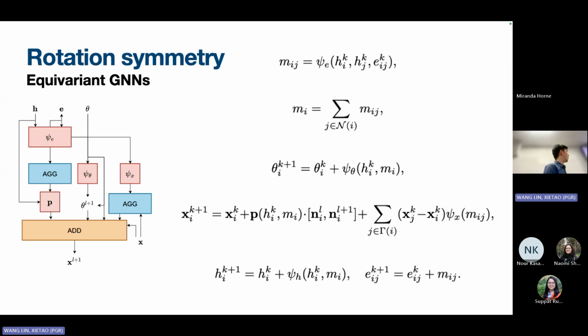So before, H here is the same, it just has the properties of the particles, but E here had the relative positions of the particles. The moment you pass the relative position of the particles into the neural network, it will break the rotation symmetry. So what we do here is remove that from E and just update them separately here.